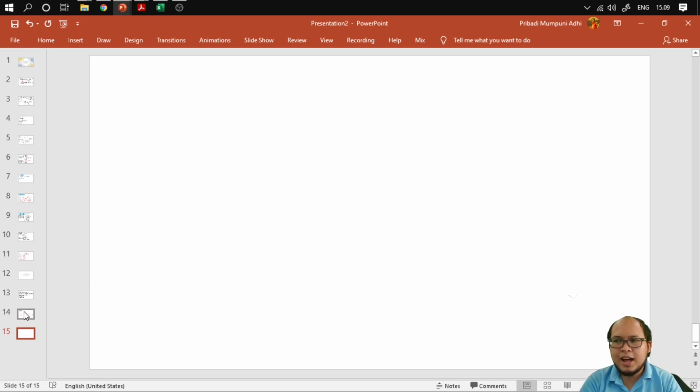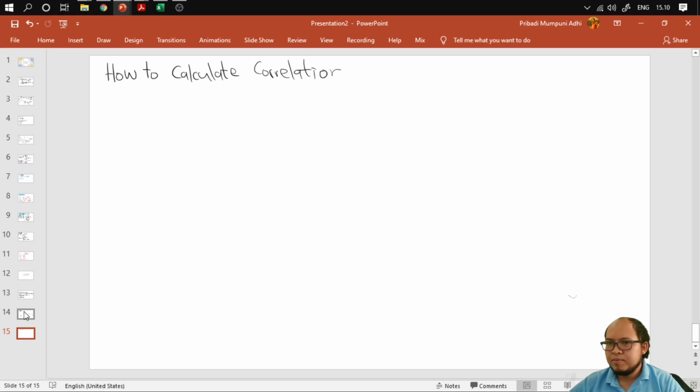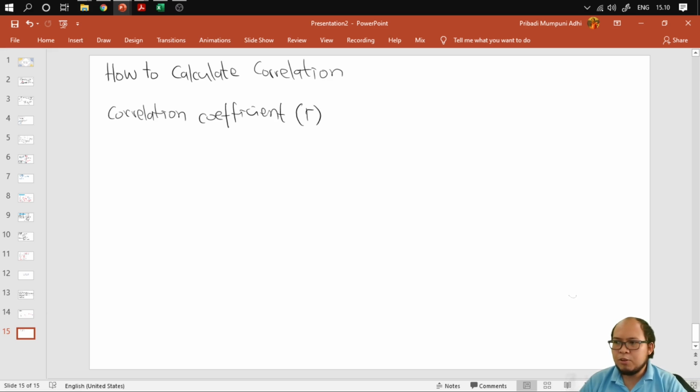Now, how to calculate the correlation? So the correlation coefficient, or it is represented as R, can be calculated if we have the two variables x and y with this formula.